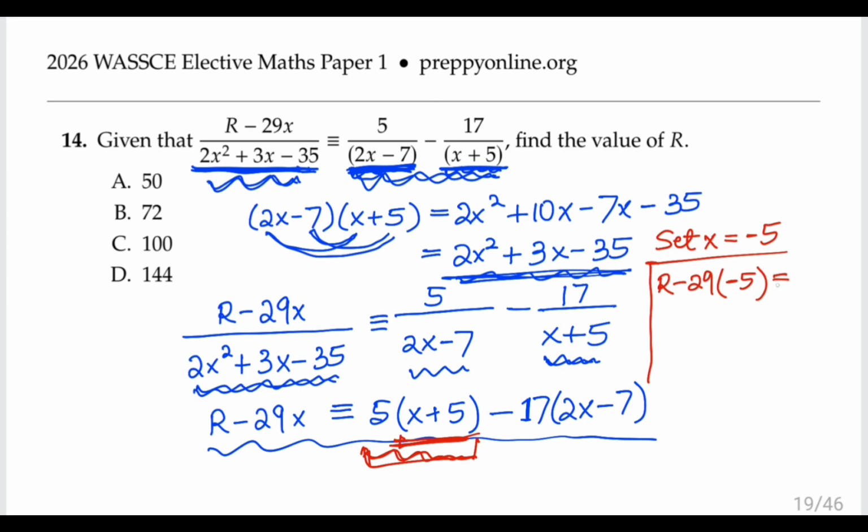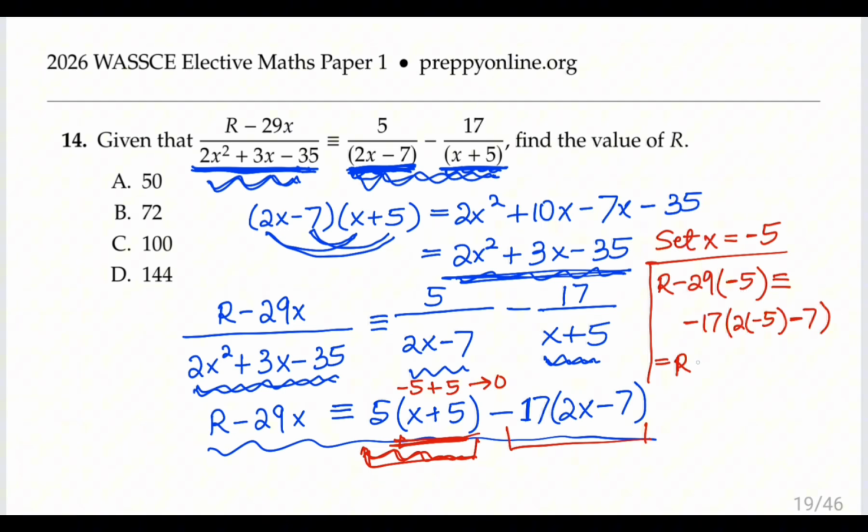And that is going to be equivalent to, when you set x to minus 5 here, minus 5 plus 5, so this one is going to become 0. So we only are left with this one. And so this is going to be minus 17 into 2 times minus 5 minus 7. So we have r, then this minus 29 times 5.